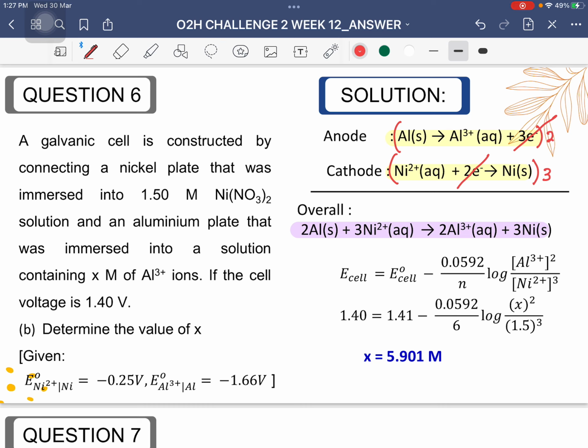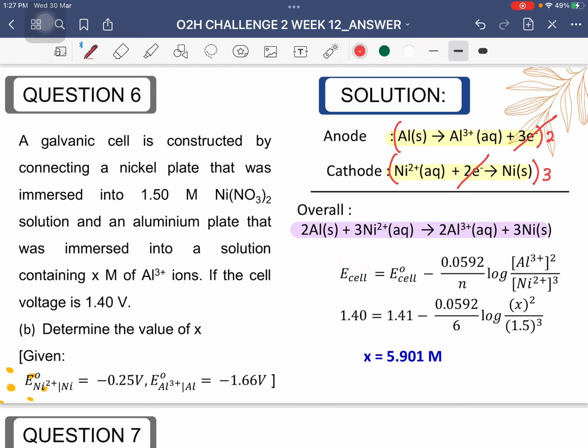Therefore, combining for the overall, the left side we have 2 aluminium and 3 nickel 2+. The right side we have 2 Al3+ and 3 solid nickel. Okay, that means this is the correct overall equation. After that, we substitute into our next equation. The E cell is given from the voltmeter.